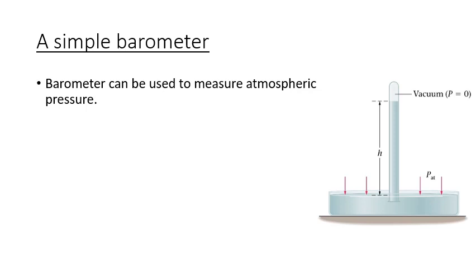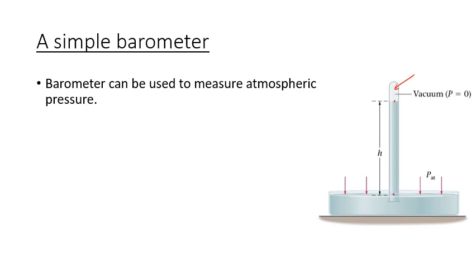If you think in that way, this top portion will actually be a vacuum, meaning no air molecules in there. In a vacuum the pressure is 0, so you don't have pressure, and the pressure at this point is 0. Okay, and what is the pressure at this point?